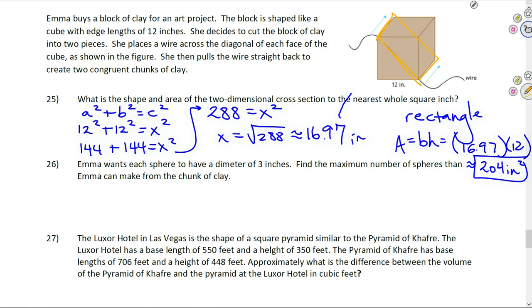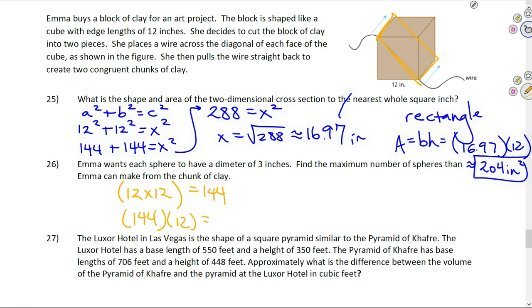So I'm looking at half of the chunk, half of the cube. Now, the easiest way to get that, you could think of it like a triangular prism and work your way through that, but honestly, it's half a cube. Cubes are pretty easy because the base is a square, 12 times 12, which is 144, and the height is 12, and so I get 144 times 12.